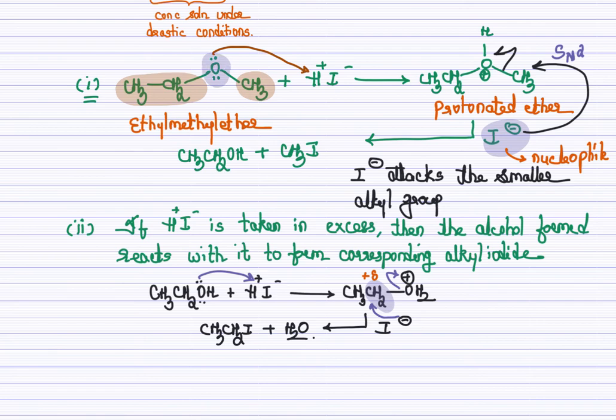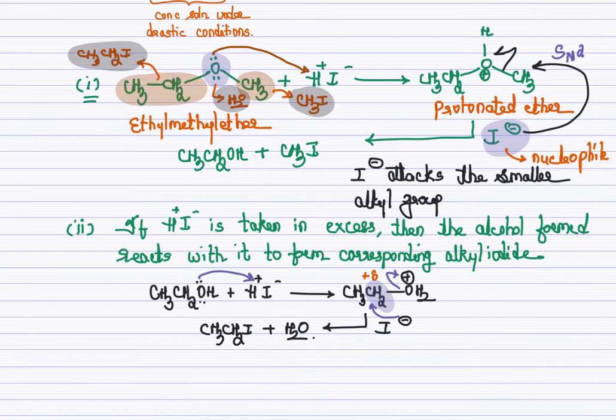So overall, in presence of excess, this becomes CH3CH2I, this also becomes CH3I, and this gets converted into water. Right? So you need to understand how exactly the reaction goes.